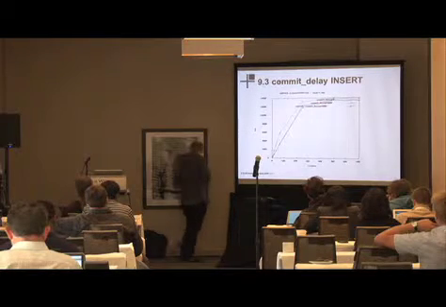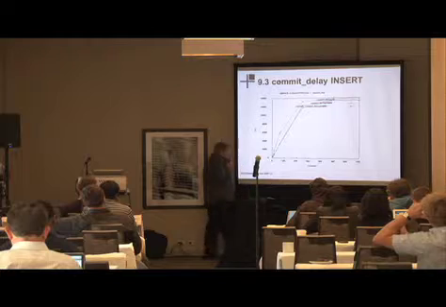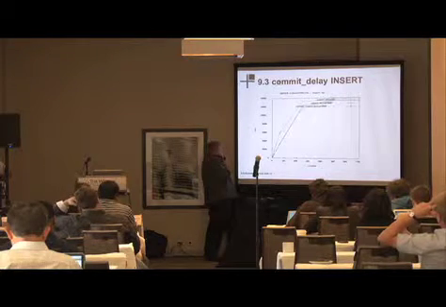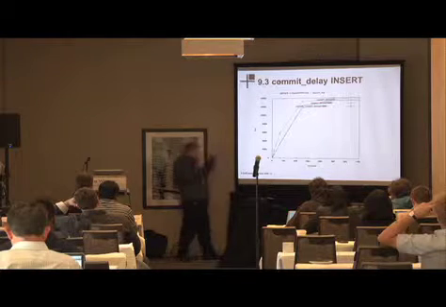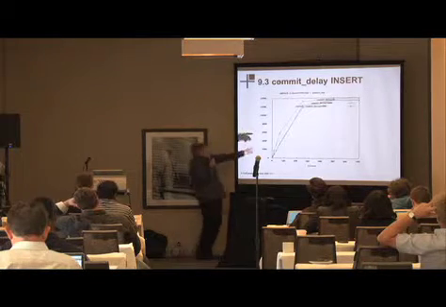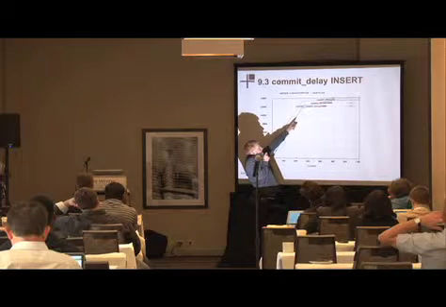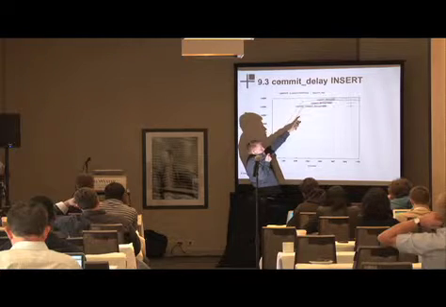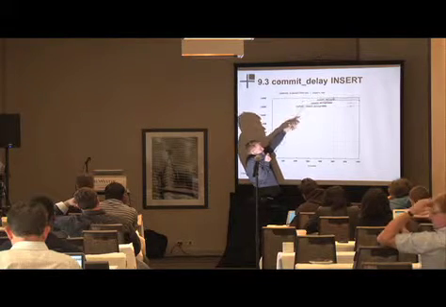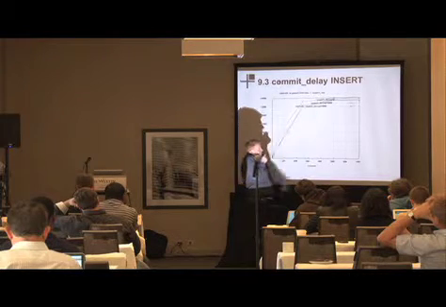So this graph is kind of the same one you saw before. The red line is more or less the one you saw before. The blue line is what happens if we set the delay to 4,000, which was found to be roughly optimal for this insert workload. It doesn't do much harm, but it certainly doesn't do any good either.